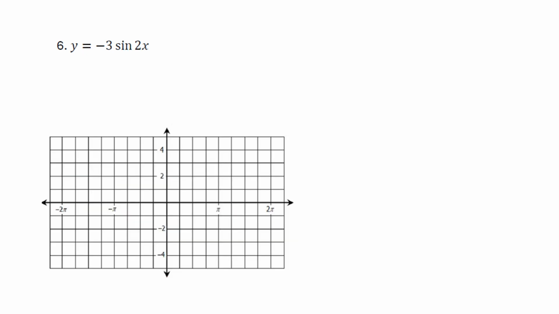All right, number 6. So our amplitude here will equal 3, because if we take the absolute value of -3, we'll get 3. Because it's negative, though, we know that we are going to reflect over the x-axis.